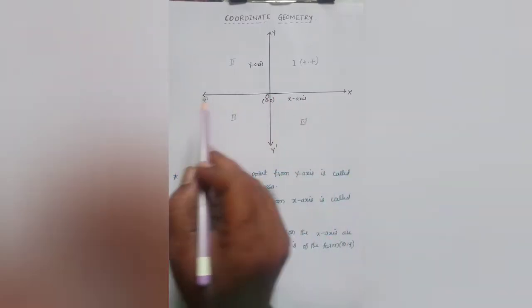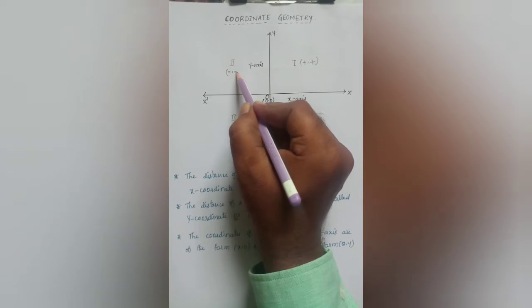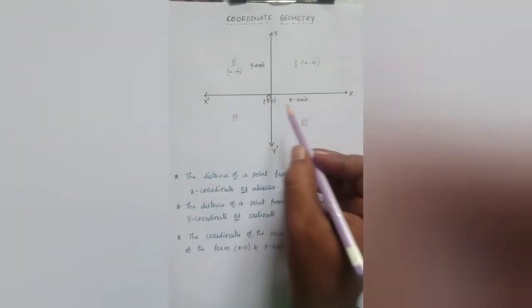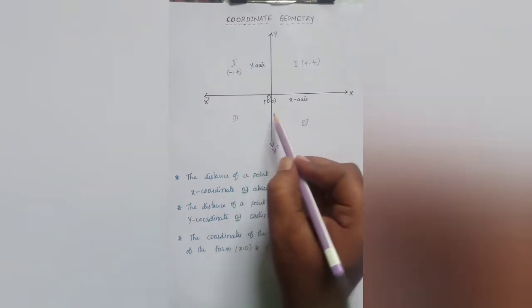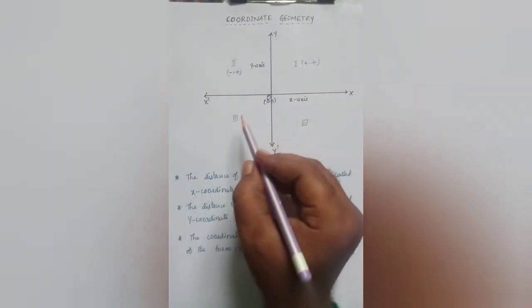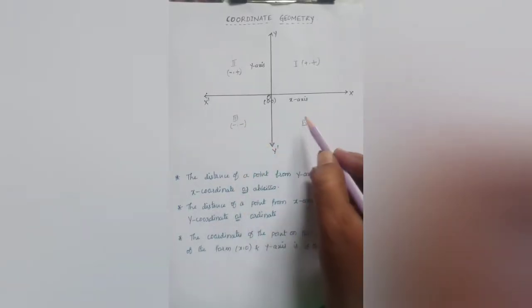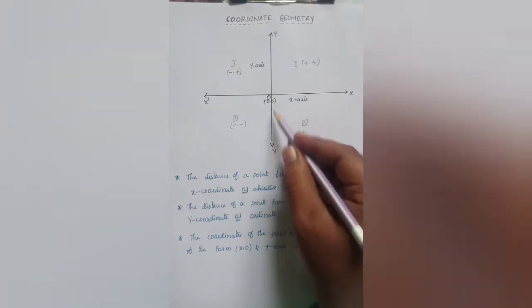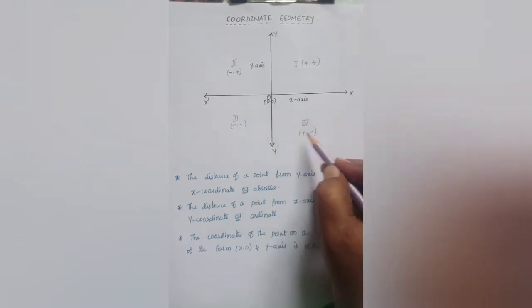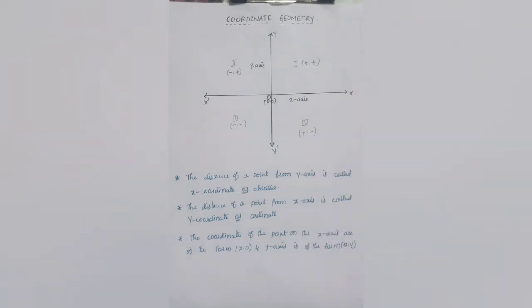In the second quadrant, x will be negative and y will be positive. First, usually we take x, next y. In the third quadrant, x is negative and y is also negative. In the fourth quadrant, x is positive and y is negative. So these are the quadrants with their signs. Already we have learned all these.